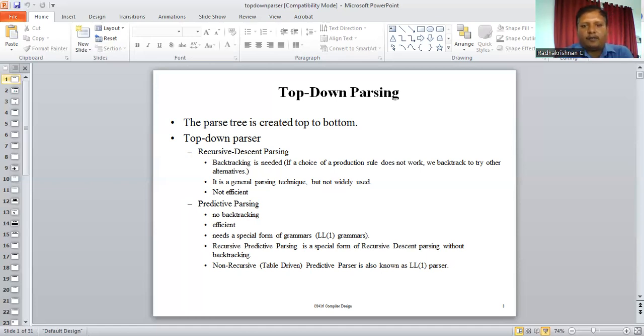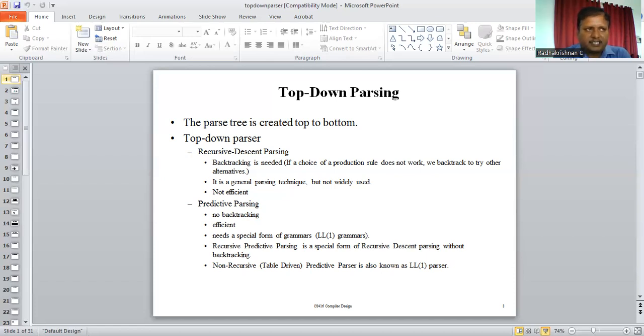LL1 parsing actions in terms of the table. Let X be the symbol at the top of the stack, and A the current input symbol being read. So the top of the stack is X, and the current reader input is small a.